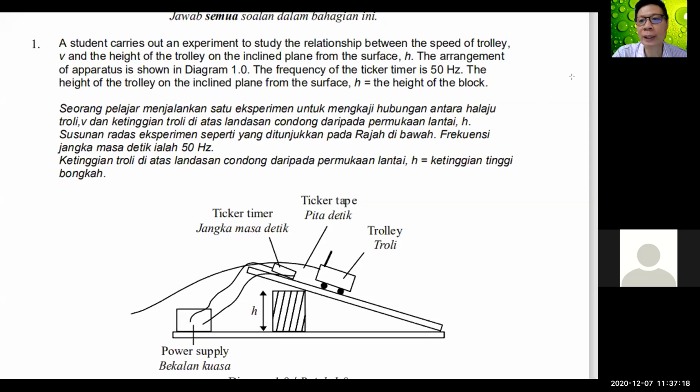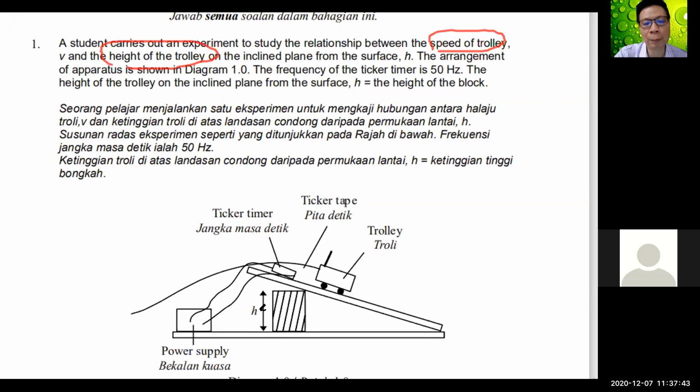Let's look at this question. We go quickly. I want to go through the paper. Let me take out a pen first. All right. To study the relation between the speed and the height of the trolley, as you see the diagram here, right?